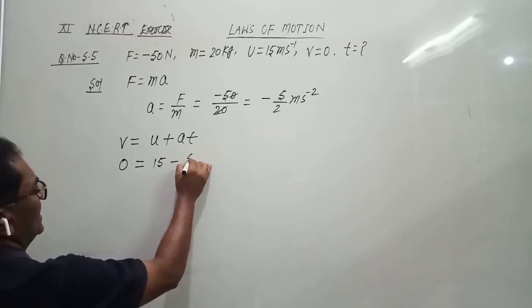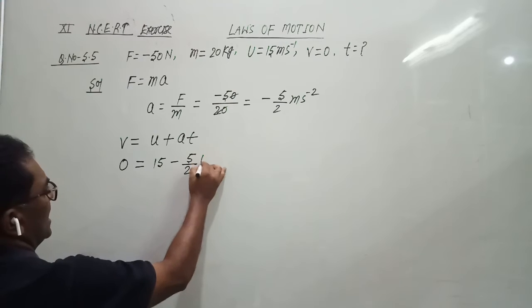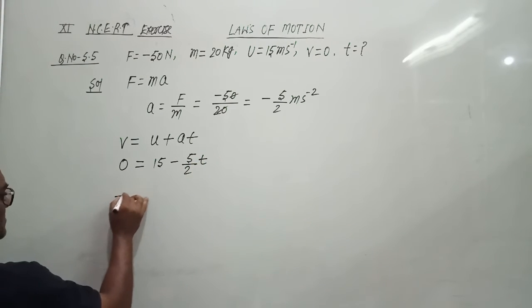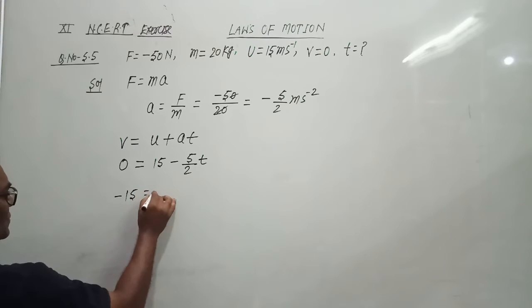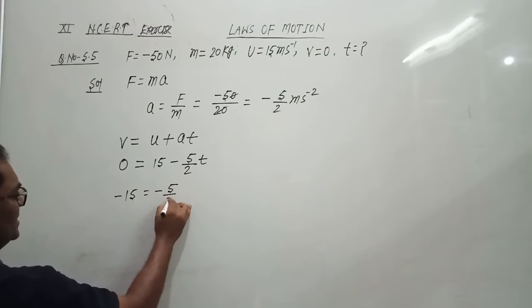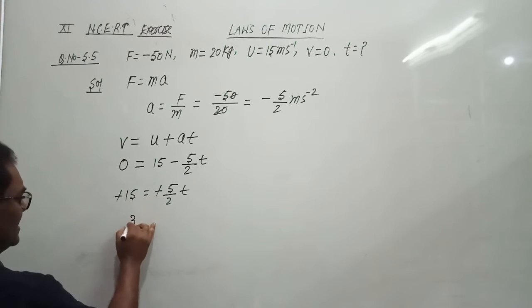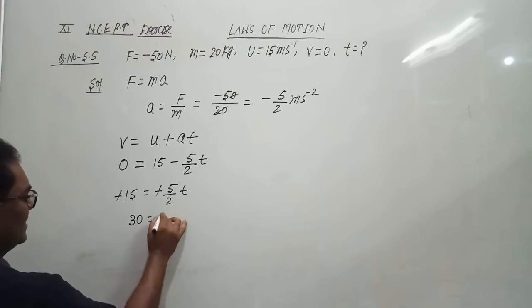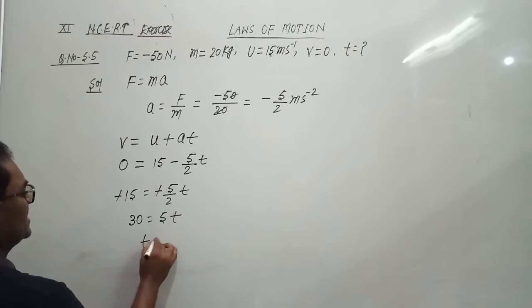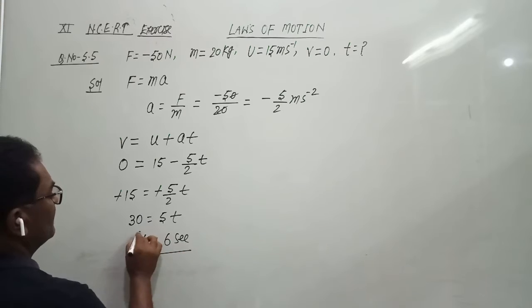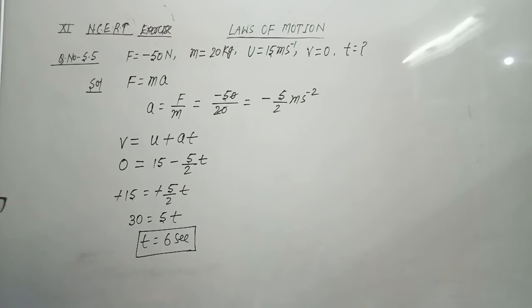Acceleration we calculated, minus 5 by 2, and time is t. So minus 15 equals minus 5 by 2 t. Minus gets cancelled, 30 equals 5t, and the value of t is 30 by 5, which is 6 seconds. So after 6 seconds, the body will stop.